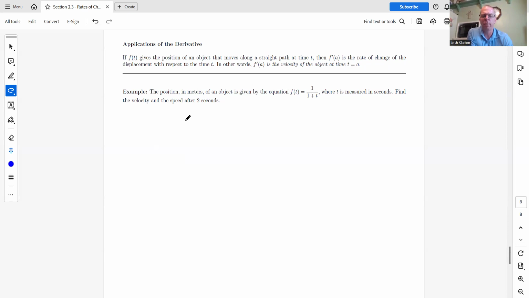Basically, we need to find the derivative. We need to find f prime of 2. So we can say the limit as t approaches 2 of f of t minus f of 2 over t minus 2.